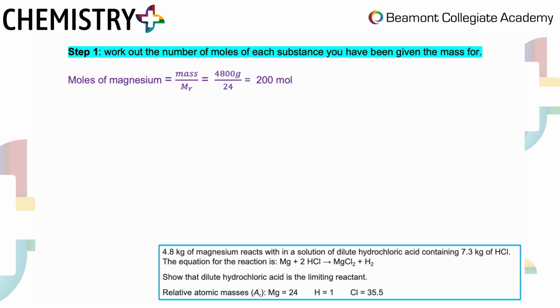So there's magnesium, there's hydrochloric acid. Remember, hydrochloric acid is HCl, so that's 1 H plus 1 Cl. So that's 1 plus 35.5, and that's why I've got the 36.5 in this case.